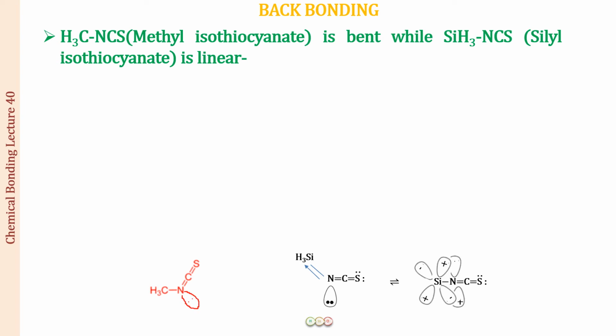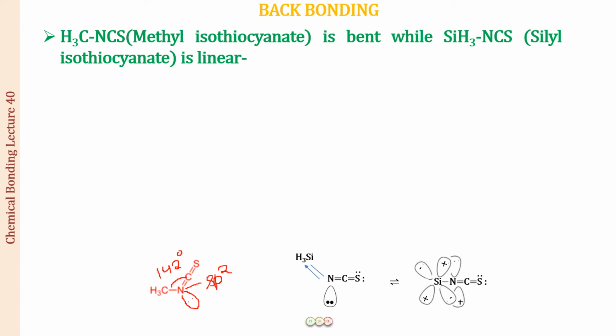So what is going to be the hybridization for this nitrogen? It is going to be sp2: two sigma bonds, one lone pair of electrons. The molecule is going to become a planar molecule, and the angle we find is around 142 degrees. So this is going to be a bent molecule.